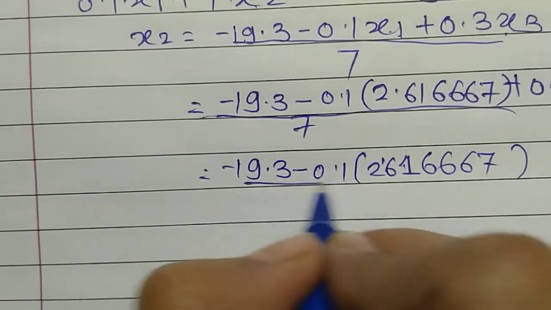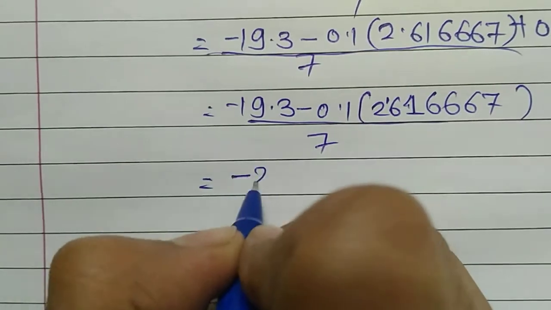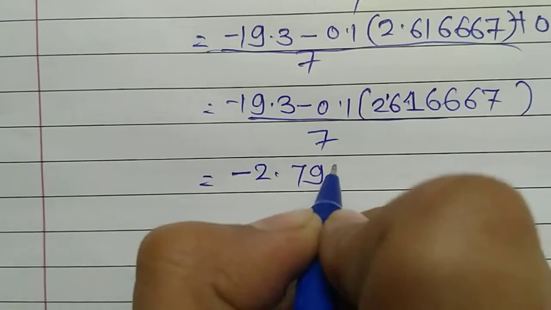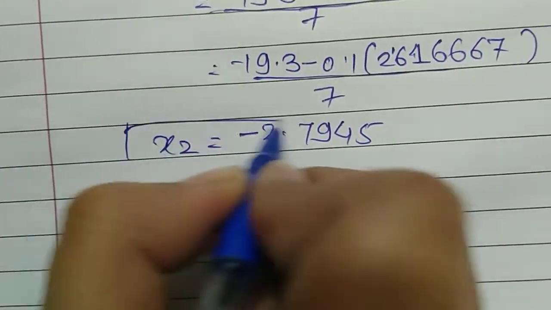The answer comes out to be minus 2.7945. You can check on your calculator as well. That is x2 for the first iteration.